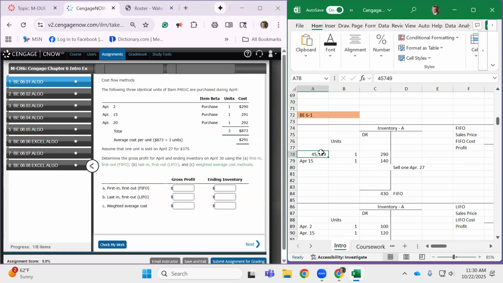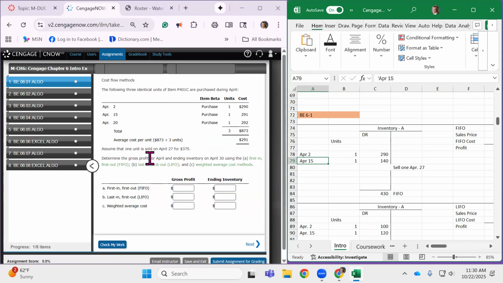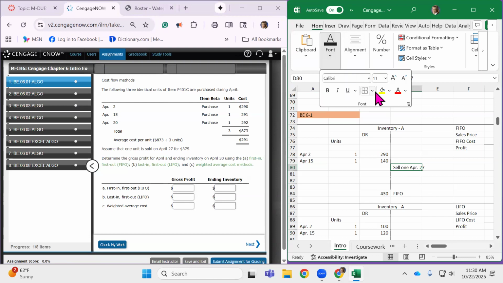There was no beginning inventory, by the way. Assume that one unit is sold on April 27th.